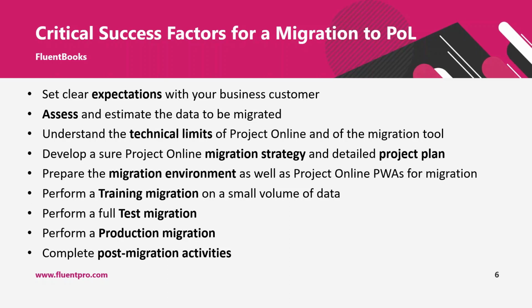So migration tool interacts with Project Online not directly, but through API. And that implies that, first of all, Project Online can process certain amount of data with specific speed when data is being uploaded, and also there are entities that unfortunately cannot be migrated with the migration tool.